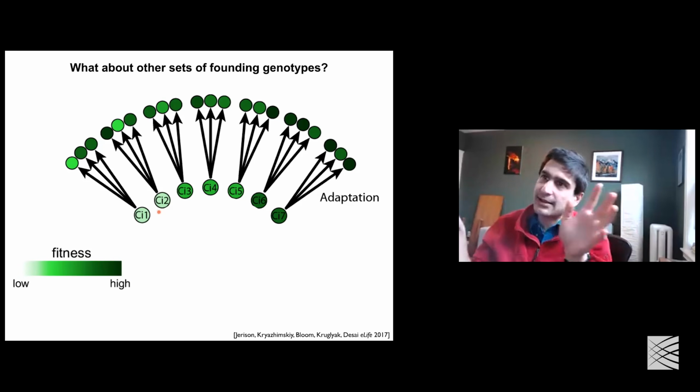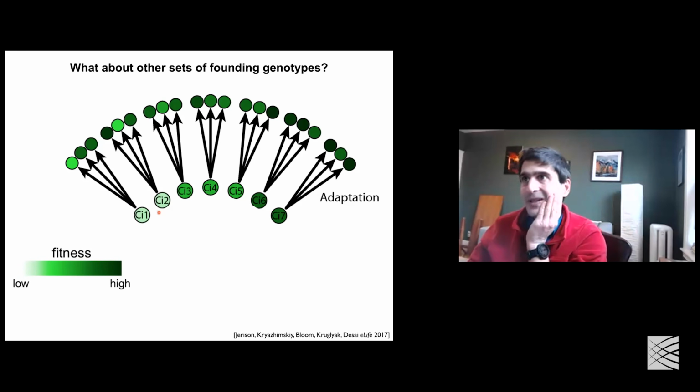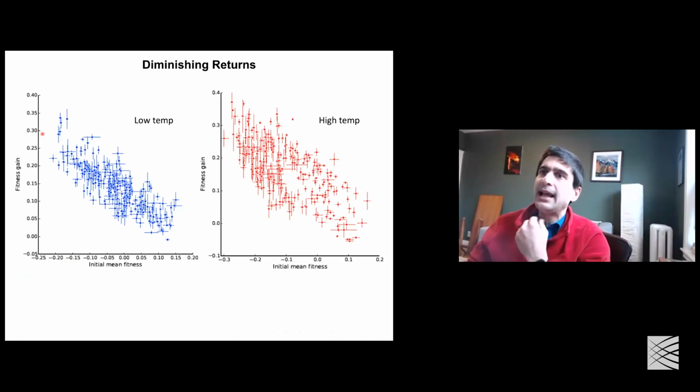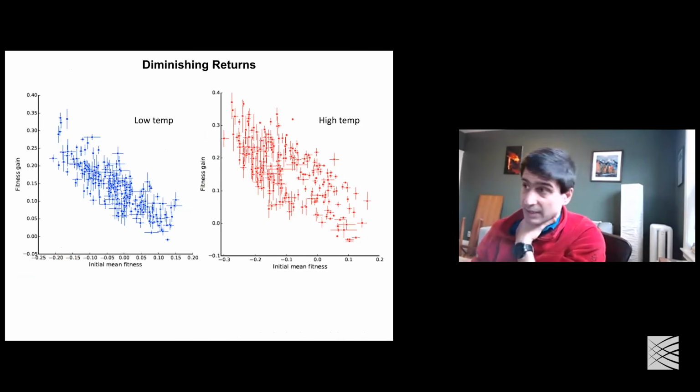We get a pool of recombinant offspring that differ on average by tens of thousands of mutations, and we get the same kind of pattern, where the populations founded from the lower fitness segregants adapt faster, systematically across multiple different conditions, via the same pattern of diminishing returns.